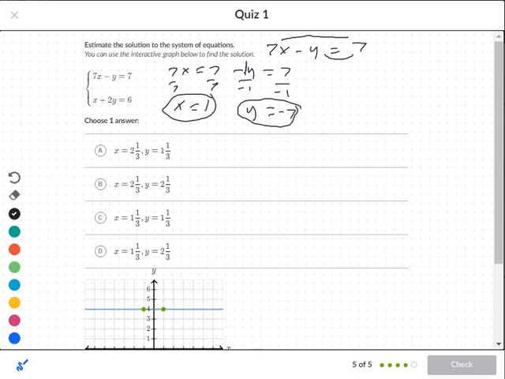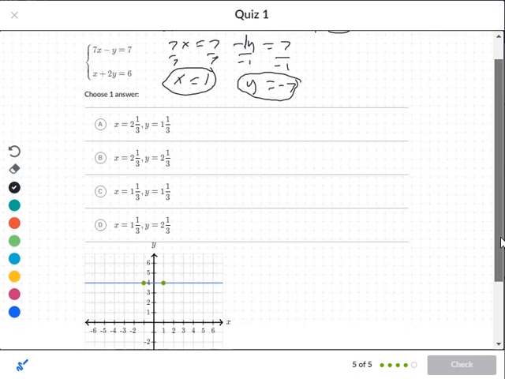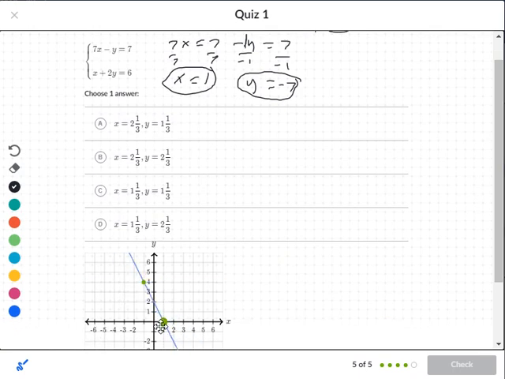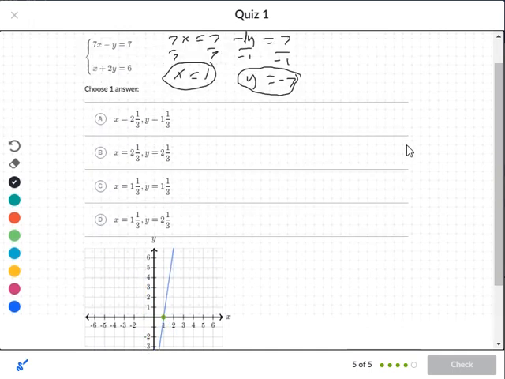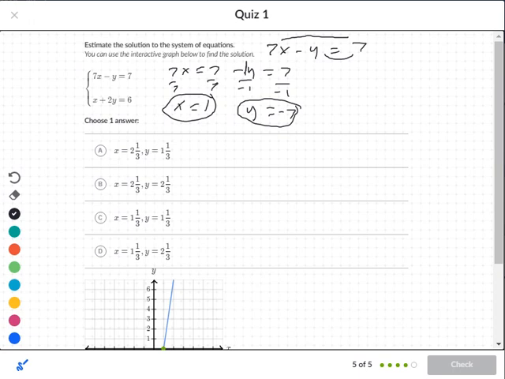So again, I get x is 7. No, x is 1, I should say. X is 1, and then y is negative 7. So the blue would represent that line. Now the next one, we can write it here, would be x plus 2y is equal to 6.